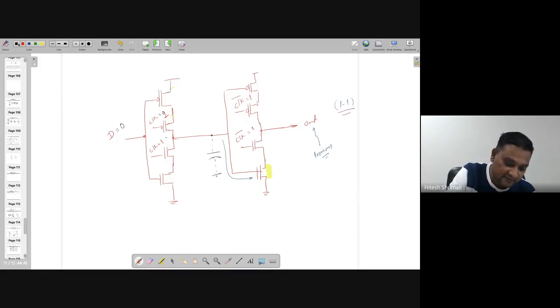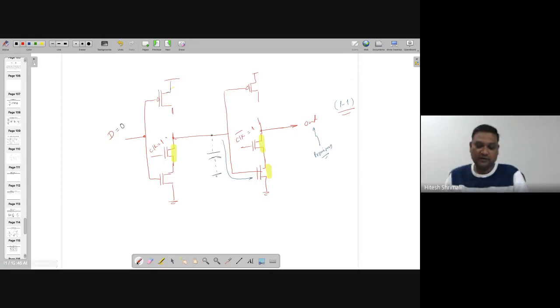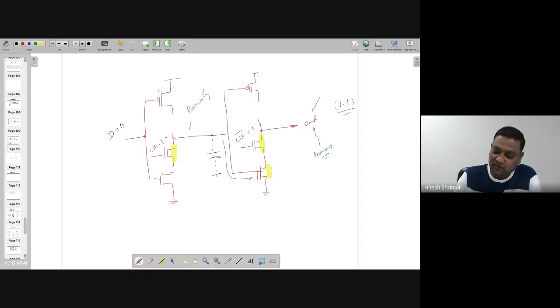In that case, all the NMOS are going to be on. This is on, this is on. At the same time, these will be off. Now the whole thing depends on what value of input we are giving. If D is equal to 0, then this node is not going to be VDD; it will be the previously latched value. Similarly, output is also the previously latched value. Whatever is there will stay there.